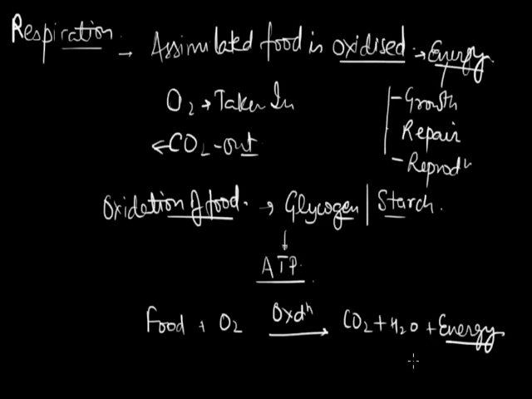The process by which organisms obtain oxygen from the environment and release carbon dioxide produced during oxidation of food to the outer environment is called breathing. It is a part of respiration.